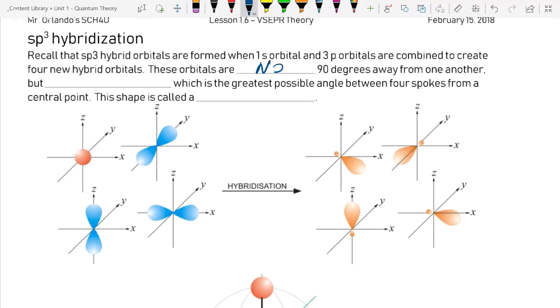These orbitals are not 90 degrees away from one another, but 109.5 degrees, which is the greatest possible angle between four spokes from a central point. This shape is called a tetrahedron. Tetrahedron.